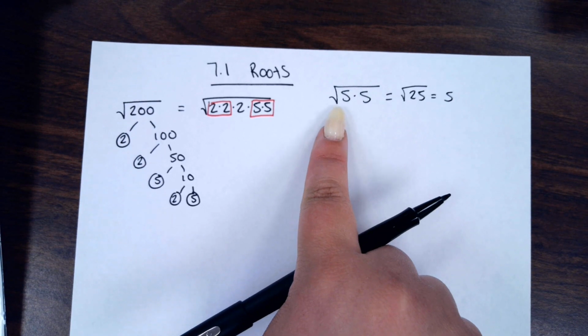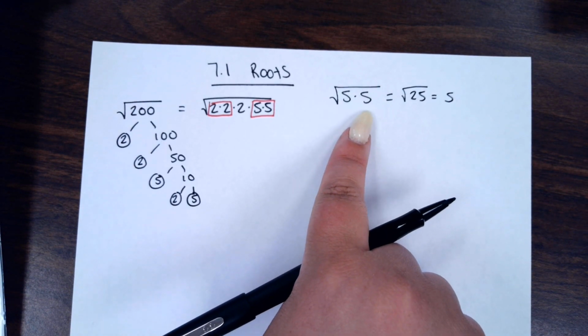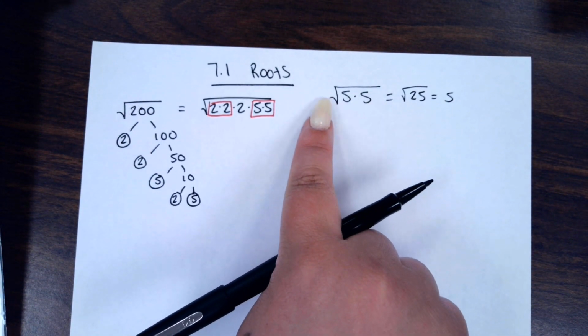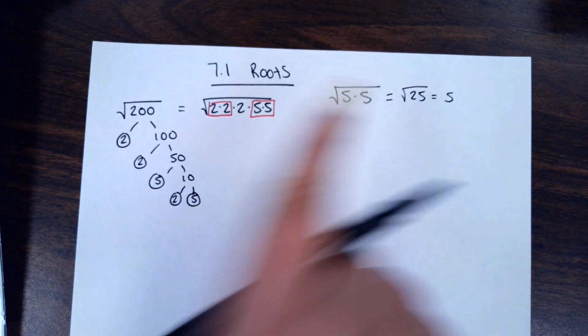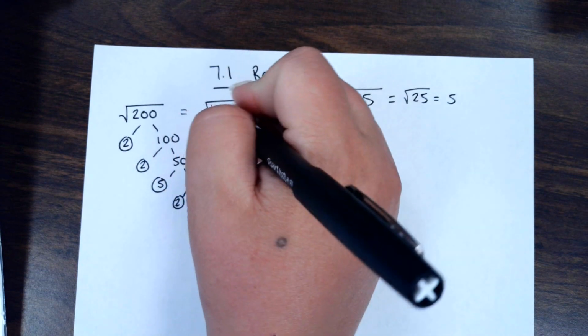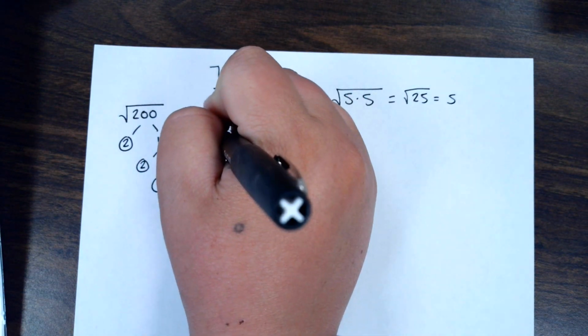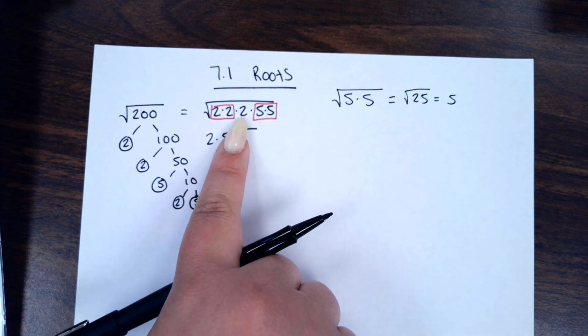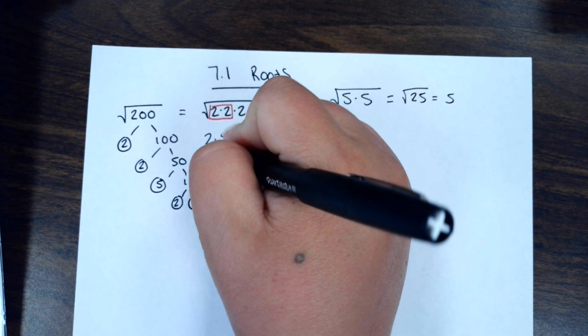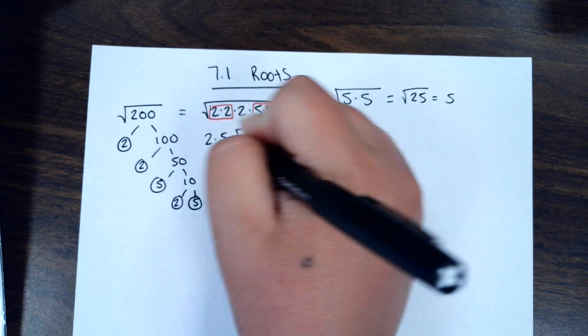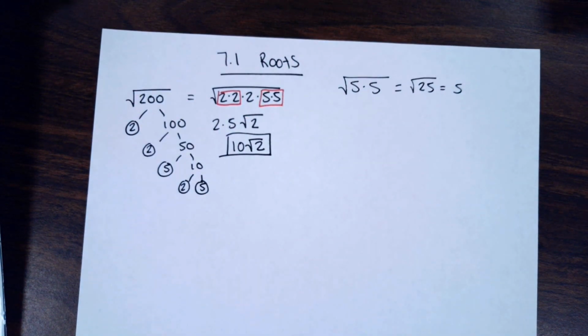Taking the square root of something is asking what number times itself gives us this number. So if you're taking the square root of two numbers multiplying together that are the same, it's just that number. So on the outside we have a 2 times 5, and this 2 does not have any pairs. So that guy stays underneath, and it simplifies to 10 root 2 as our final answer.